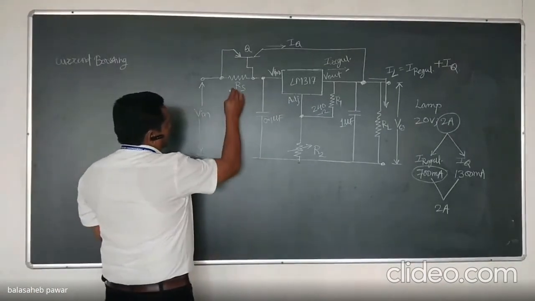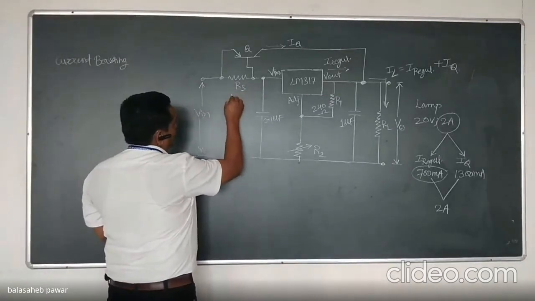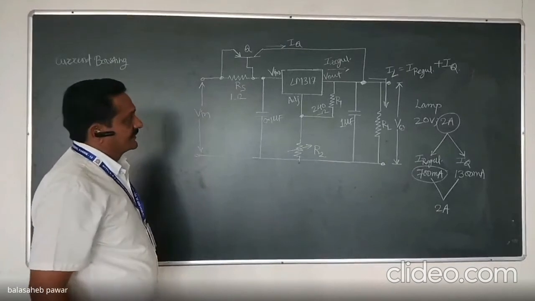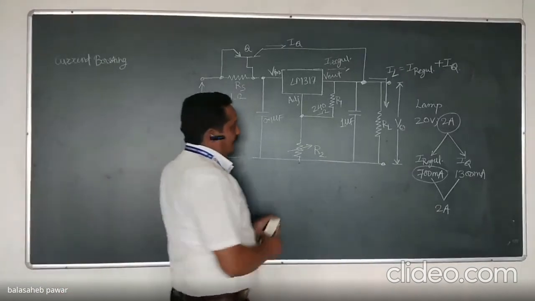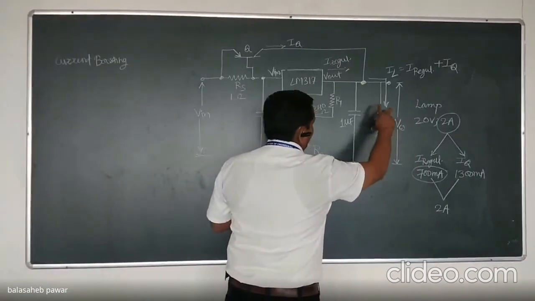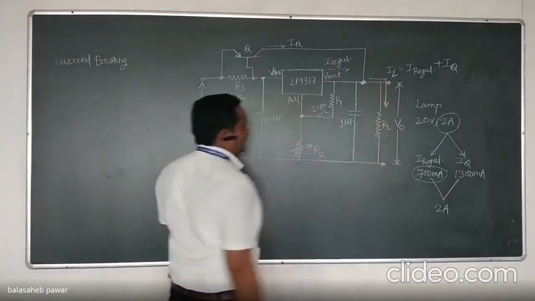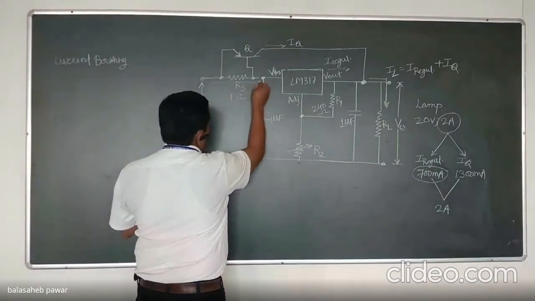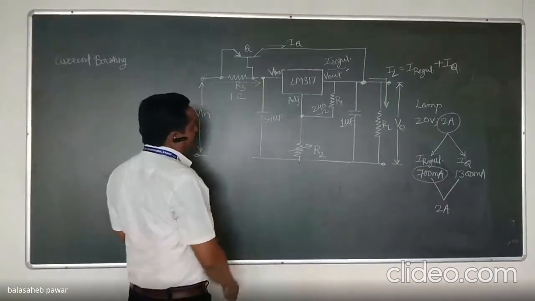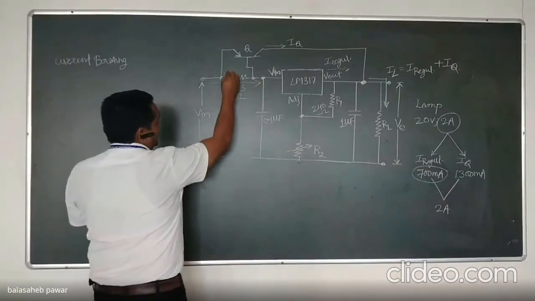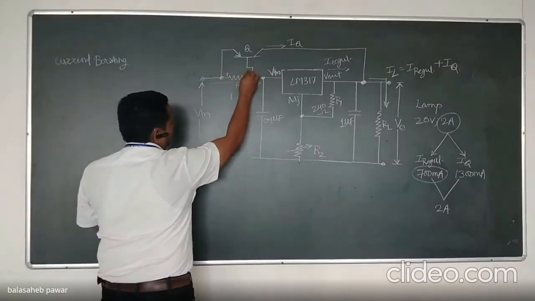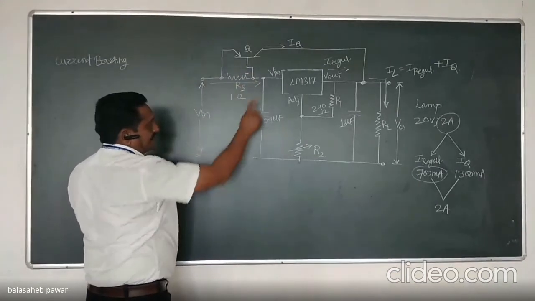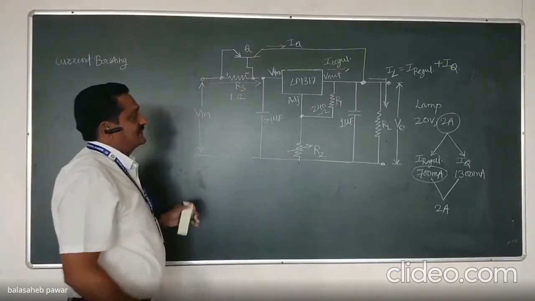So see, if my selected series resistor is of 1 ohm, this RS is of 1 ohm. You will observe when this load will get connected and will start to work, there will be some flow of current through this RS. And there will be a voltage drop across this RS with this polarity because of current flowing through that RS as it is connected in series with this LM317.